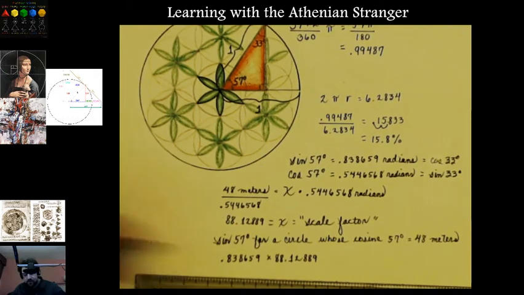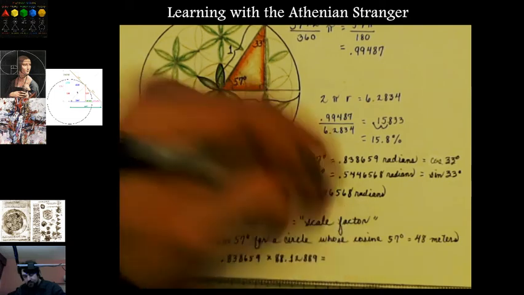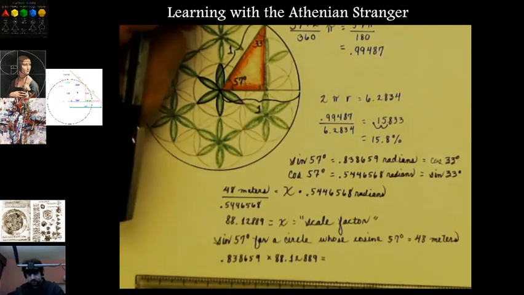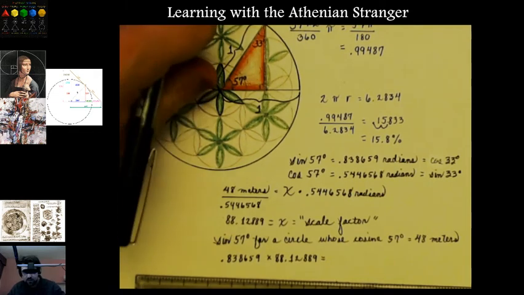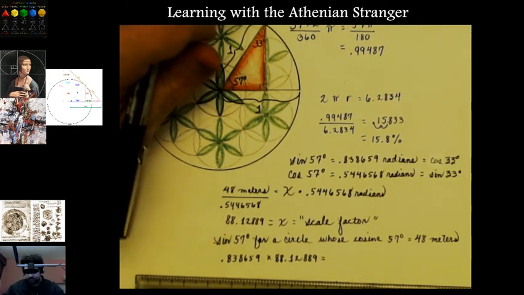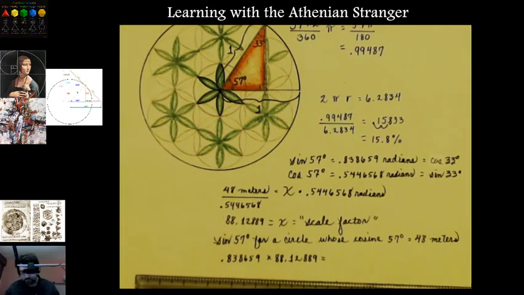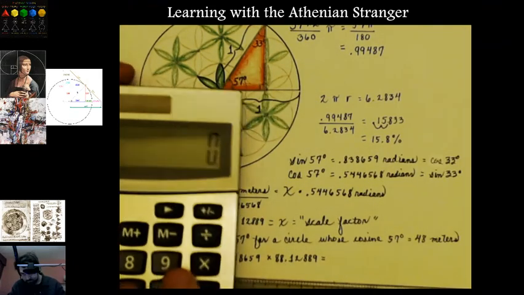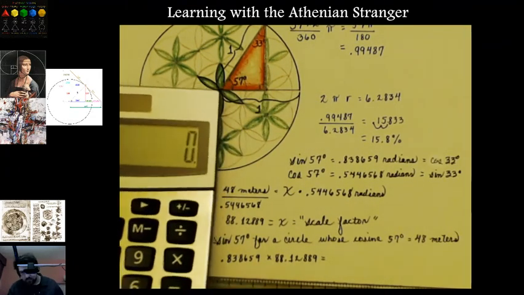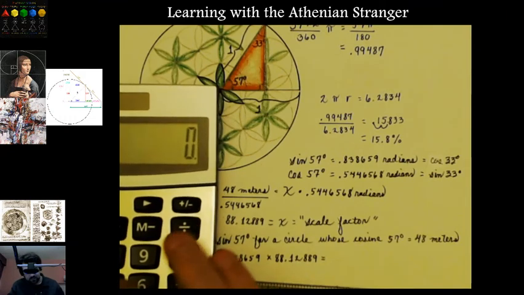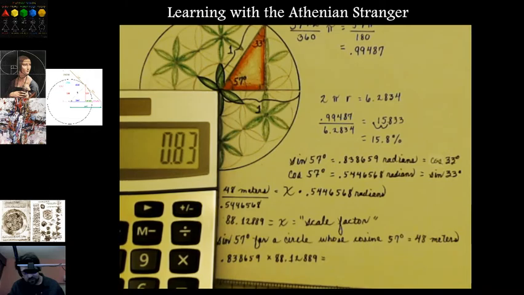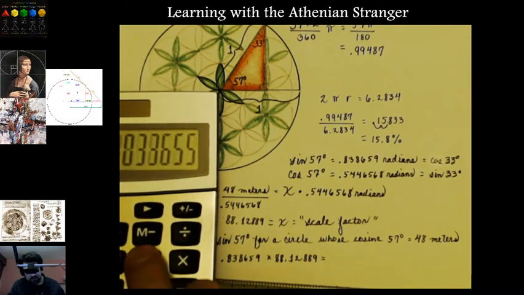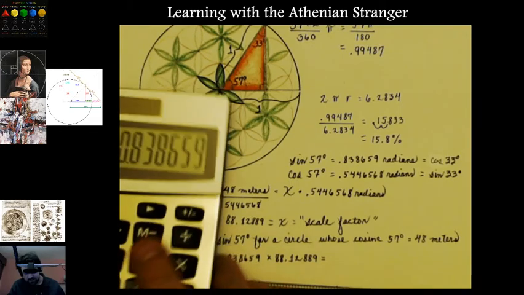Okay? So let's see what that comes to. This is the moment where we achieve our goal. So I'm going to do this right here. 0.838659 multiplied by our scale factor of 88.12889.